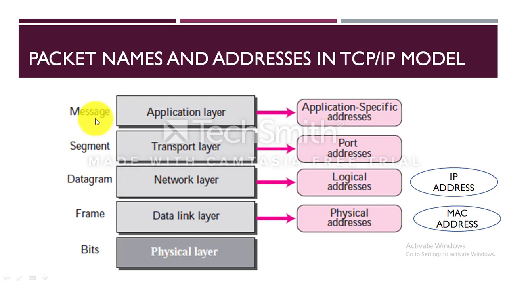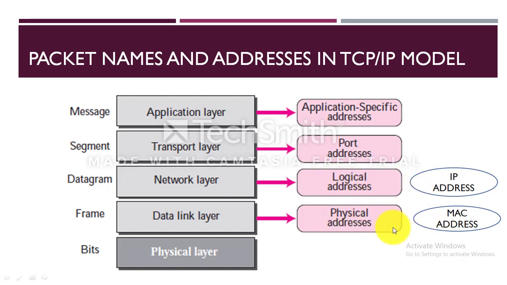And addresses are physical addresses at data link layer, also known as MAC address, logical addresses at network layer, also known as IP address, port addresses at transport layer and application-specific addresses at application layer. The two main addresses are MAC address and IP address.